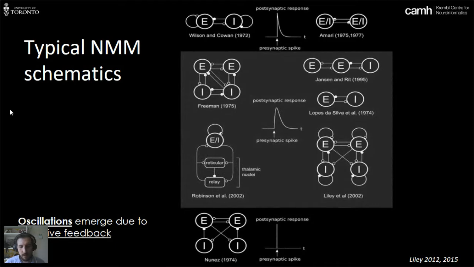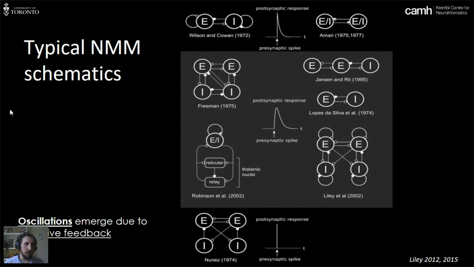So in systems of this kind, not restricted to biology, we're thinking about these things in terms of biological systems, but we're also thinking about them in terms of general control systems or general electrical engineering systems, oscillations occur under certain conditions.